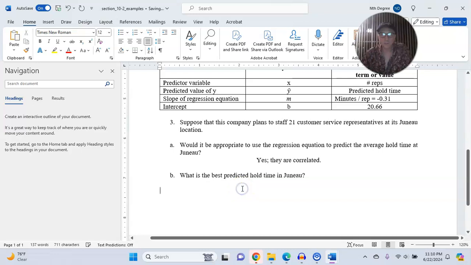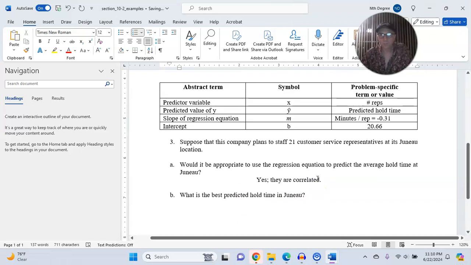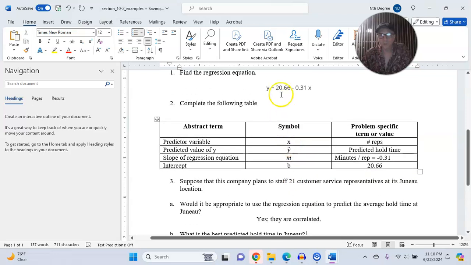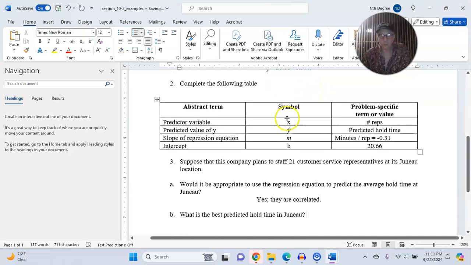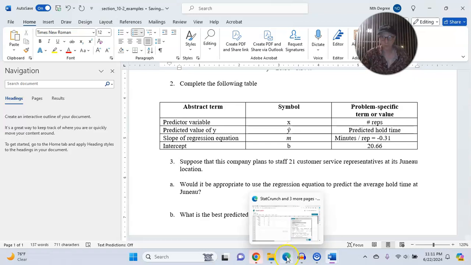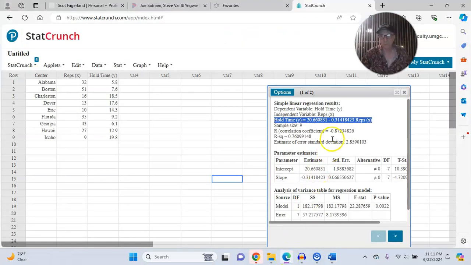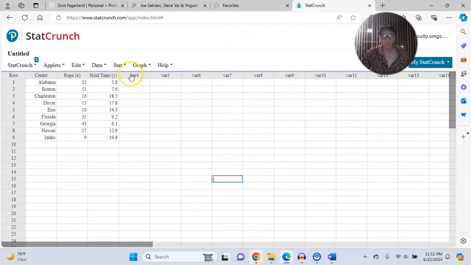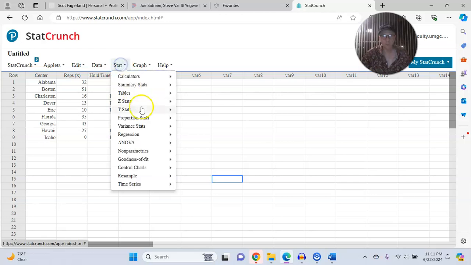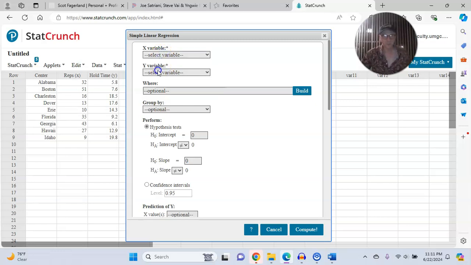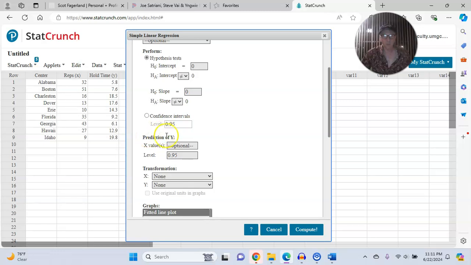Okay, so then what is the best predicted hold time in Juneau? If we plug 21 in for X, we could do this the old-fashioned way and just replace this X with a 21 and put it in a calculator. That would work. But of course, as you might expect, StatCrunch does that too. And when we do that, we start the same way: stat, regression, simple linear, select your columns, and then, prediction.